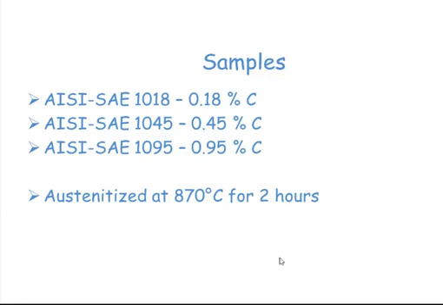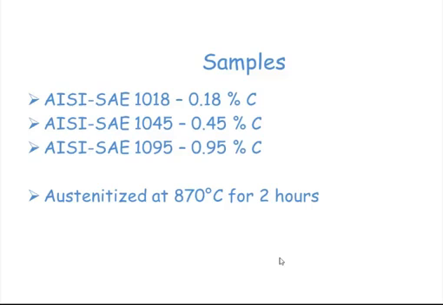Now, in every heat treatment, particularly in case of hardening, the first step is to heat it up to the parent phase. The parent phase in heat treatment procedure is the austenite phase. So let us heat all the samples up to the austenitic range.